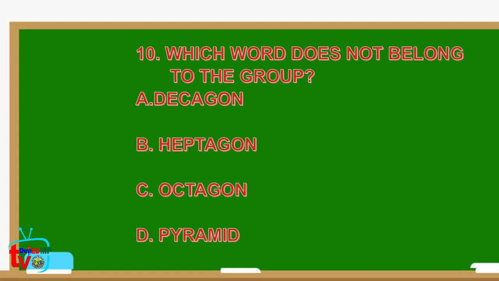And number 10. Which word does not belong to the group? A. Decagon. B. Heptagon. C. Octagon. D. Pyramid.